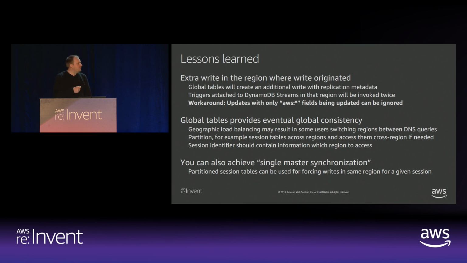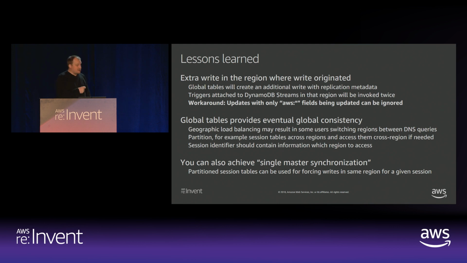Like in this service, we used multiple domain names, and the user in the same session was going from one domain to another domain, and there's a high possibility that each DNS query might actually route you into a different AWS region. So you are going to flip-flop.